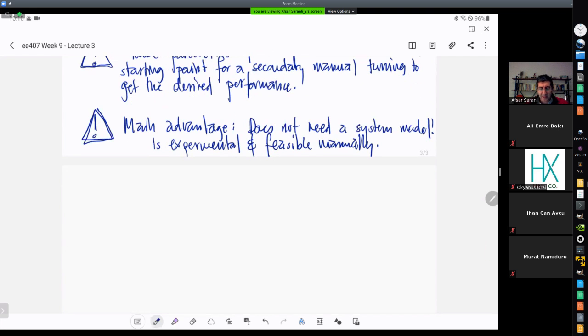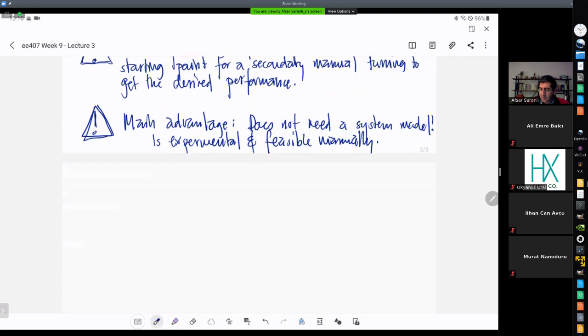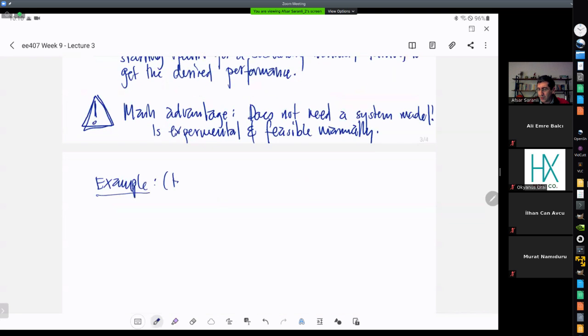So I'm going to give you an example. I will solve this example offline, okay? But let me give you the example itself to be solved offline. But I still want you guys to give it a try, okay? So this is PID with Ziegler-Nichols.